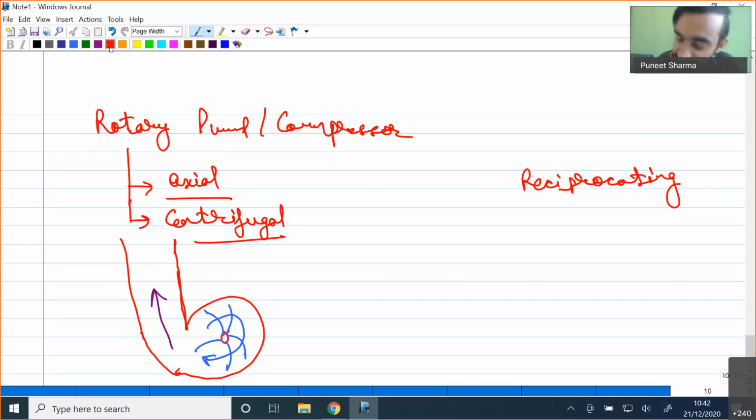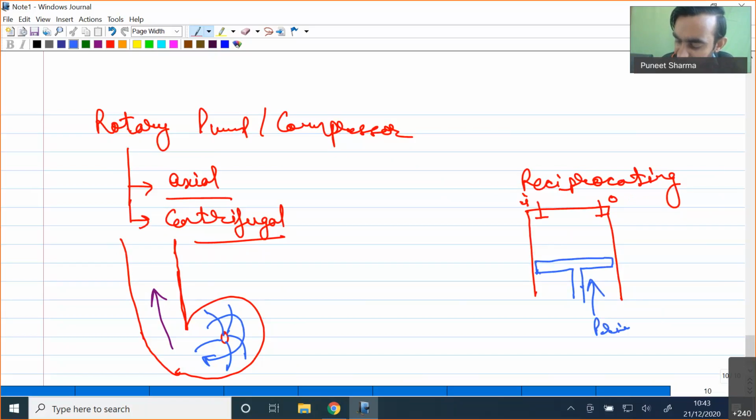Another type of device is the reciprocating device. In this case, we have a cylinder with an inlet valve and an outlet valve, and a piston connected through some assembly to a prime mover, which supplies the mechanical work.